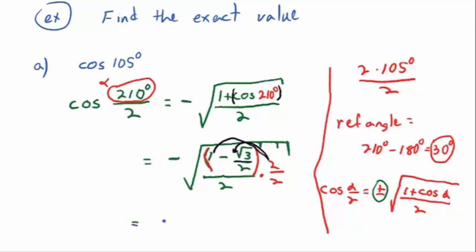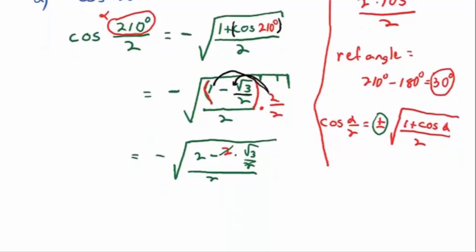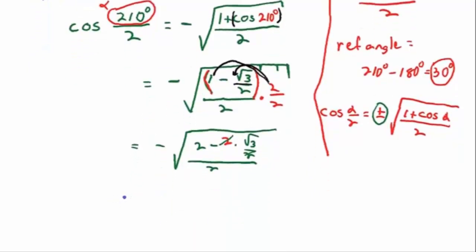So we get the opposite of the square root of 2 minus 2, that's the one I distributed, times root 3 over 2, all over 2. The whole point of doing that is these guys cancel, and therefore we get rid of this little annoying denominator within our bigger fraction.